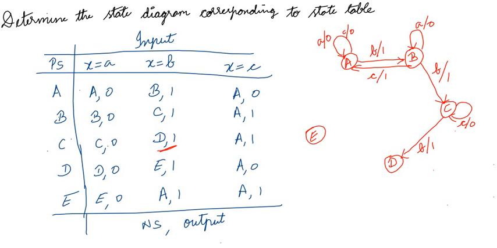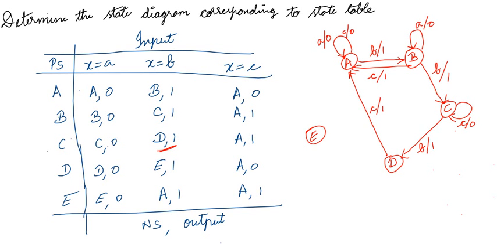Now what state are we in? Same state C. When the input is c, we go to the state A. So we go to the state A. When the input is c, output is 1. Now we are in the D state.